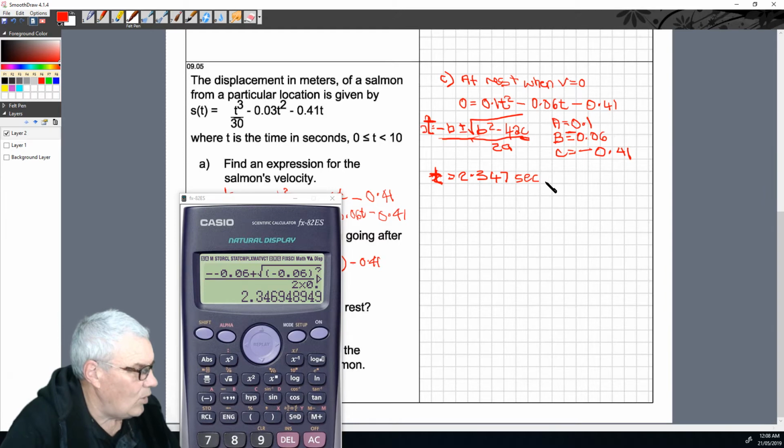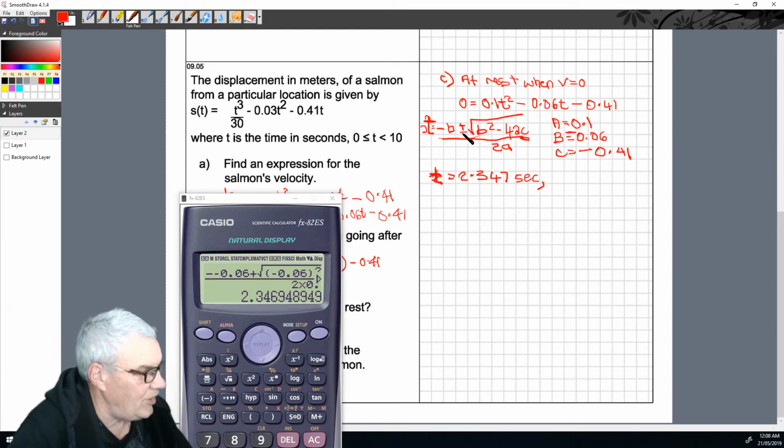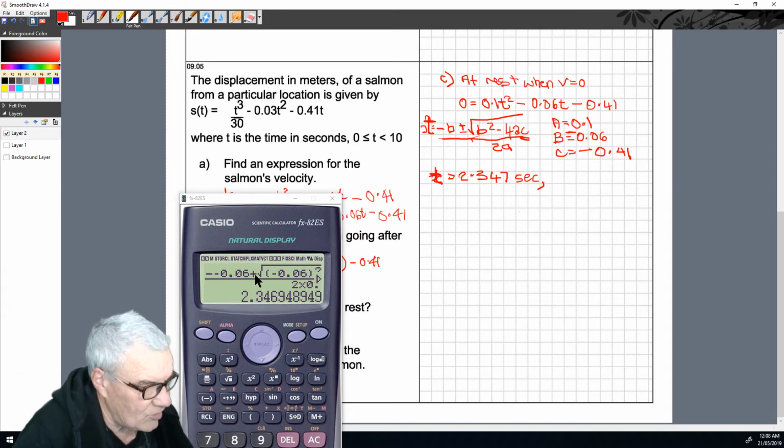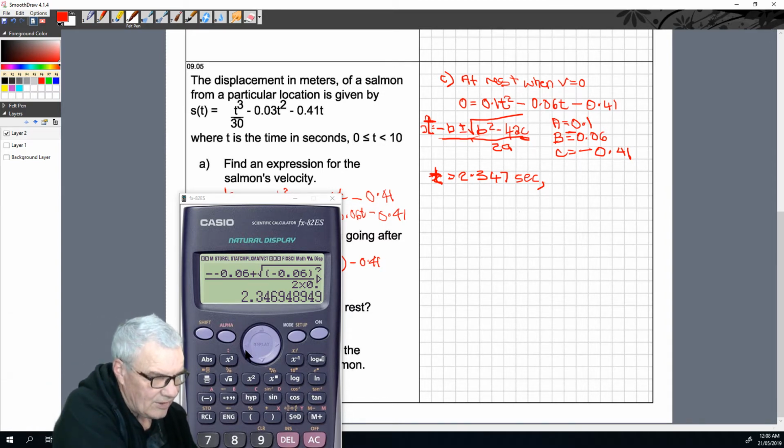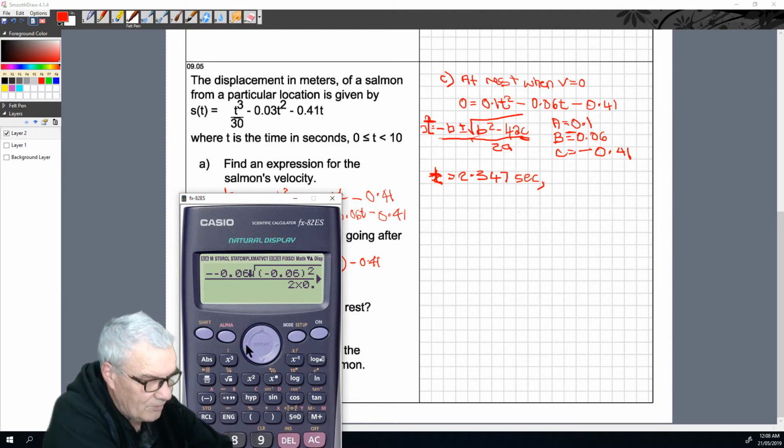So that's one. Now the other one is when it equals the negative value. So what we do there is, on the calculator, we've got this all set up, so we don't have to recalculate it. And we just go back, minus there, and then we calculate that out.